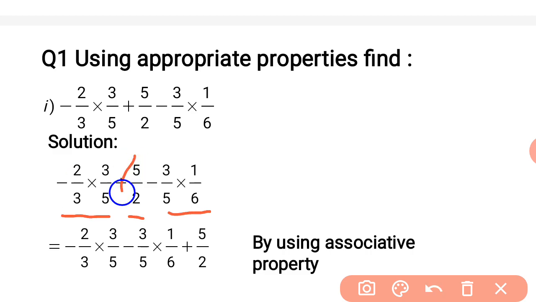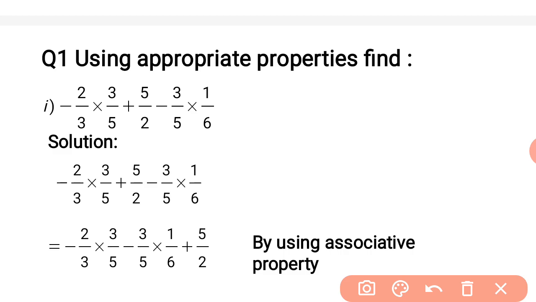Then 5 by 2 is the next term including the sign plus. Then minus 3 by 5 multiplied by 1 by 6 is the third term. So these basic things you have to understand.